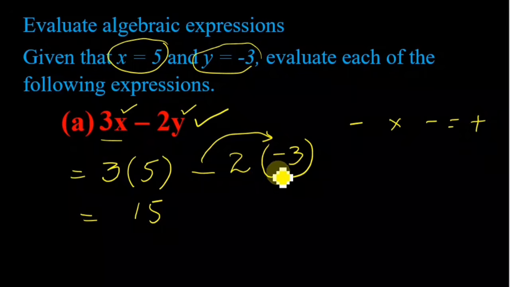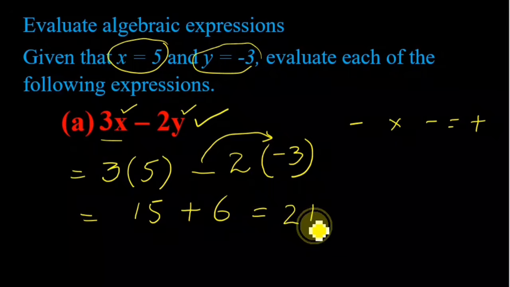So 3 twos are 6, and minus minus is plus, so 15 plus 6. Now it's a very easy question: 15 plus 6 is equal to 21. So that is your answer of part A.